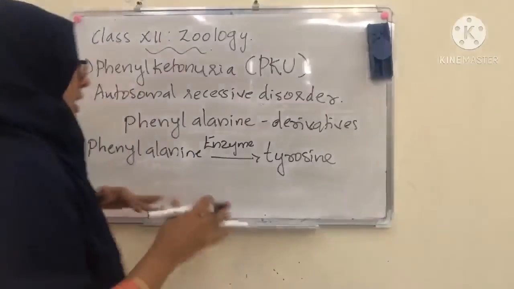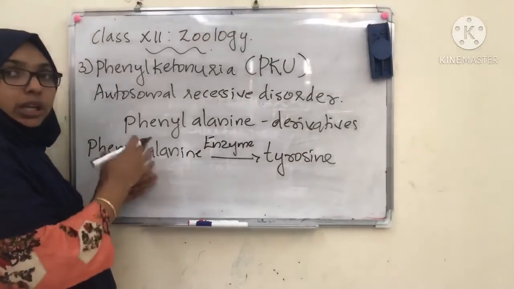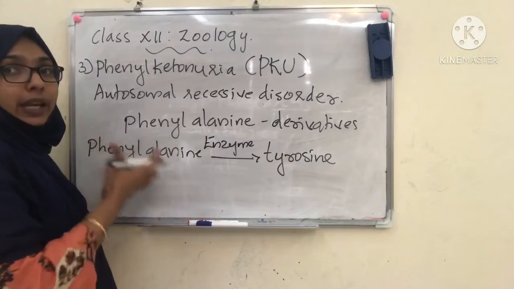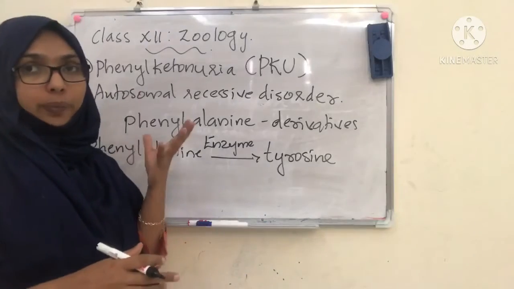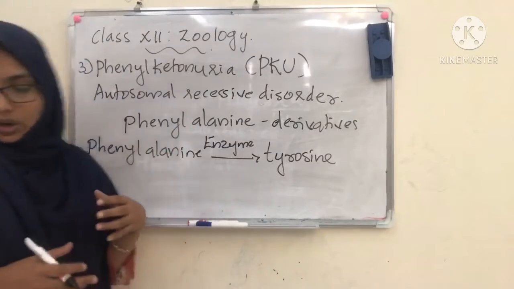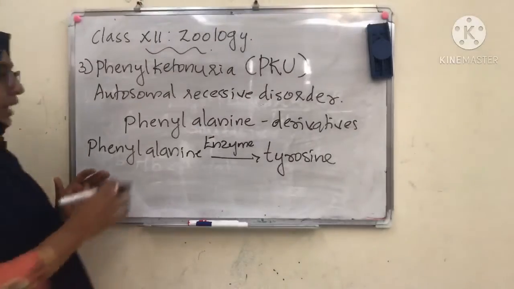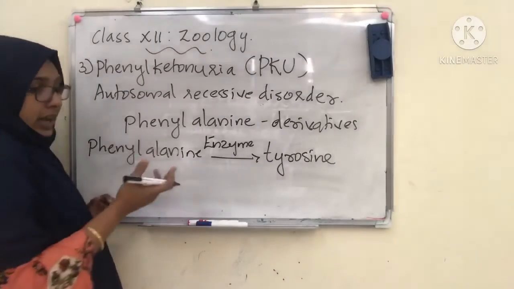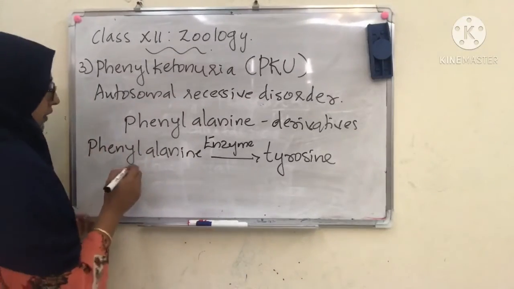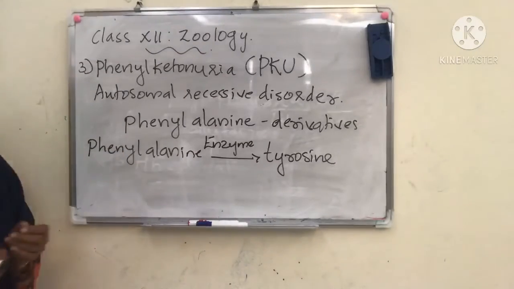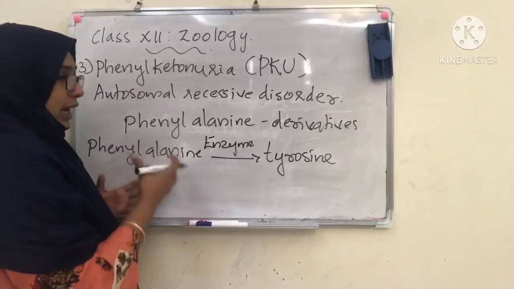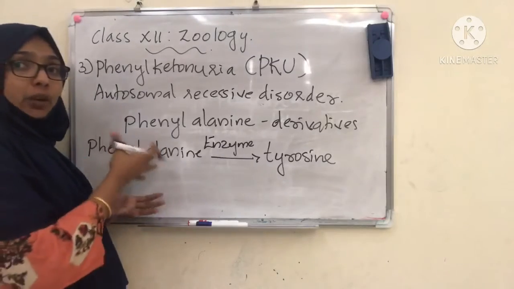So, what happens? There will be a gradual increase in the accumulation of phenylalanine in our blood, cerebrospinal fluid and all. Clear? Another derivative is phenylpyruvic acid. The phenylpyruvic acid is one of the derivatives of this.